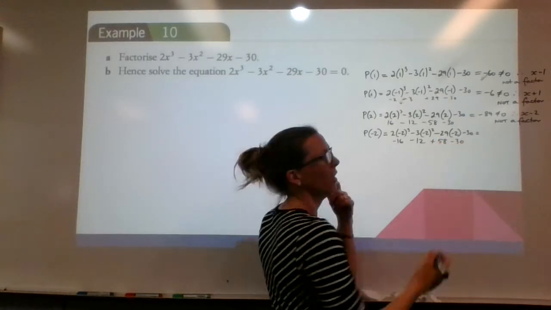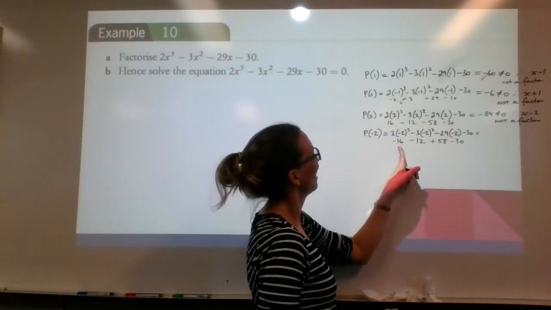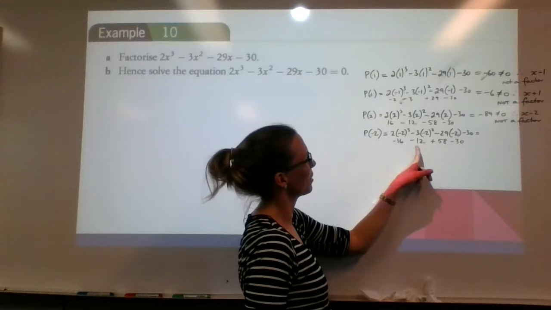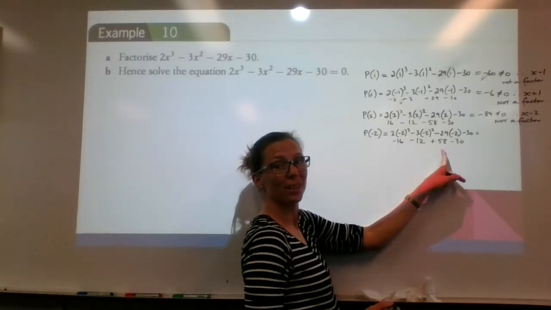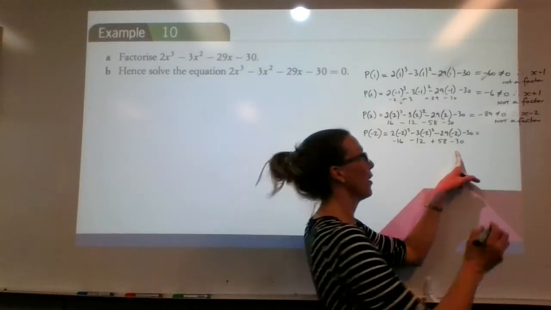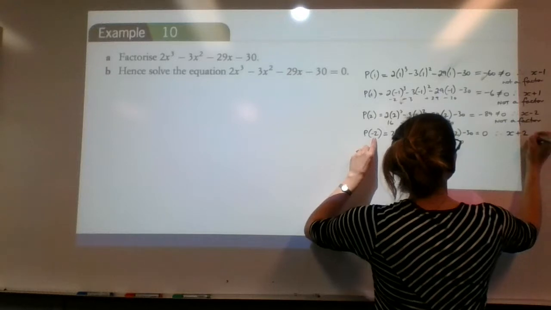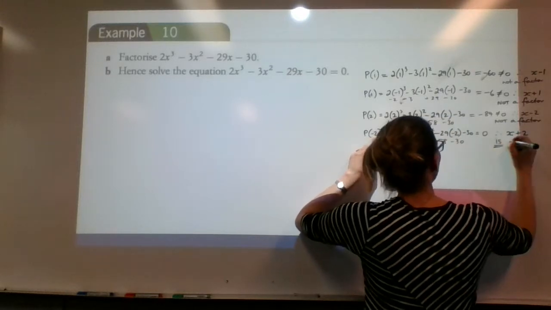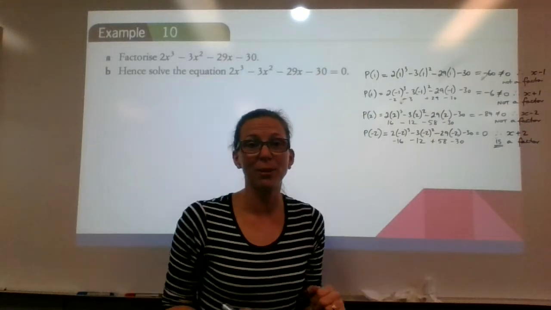Take 30. This is feeling more promising. I'll cross my fingers. So -16 take 12 is -28. Plus 58 is positive 30. Woohoo! Take 30 is going to be 0. So therefore, x plus 2 is a factor. So woohoo! I found my first factor.